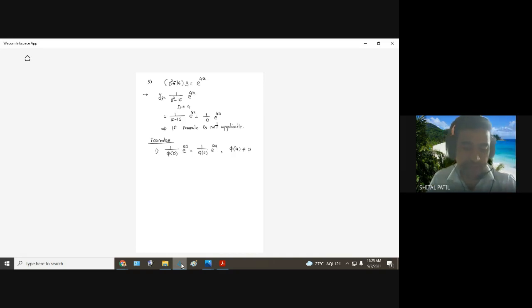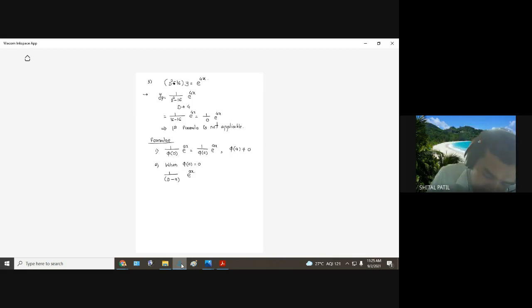That is the first formula. Now what is the second formula? Now I am writing the second formula, where phi of a equal to 0. Now tell me when phi of a will become 0. It should be like this: D minus a, to be operated on e raised to ax.